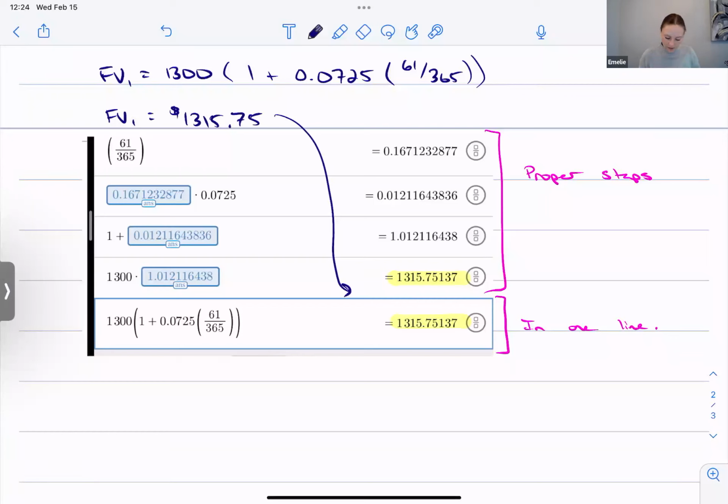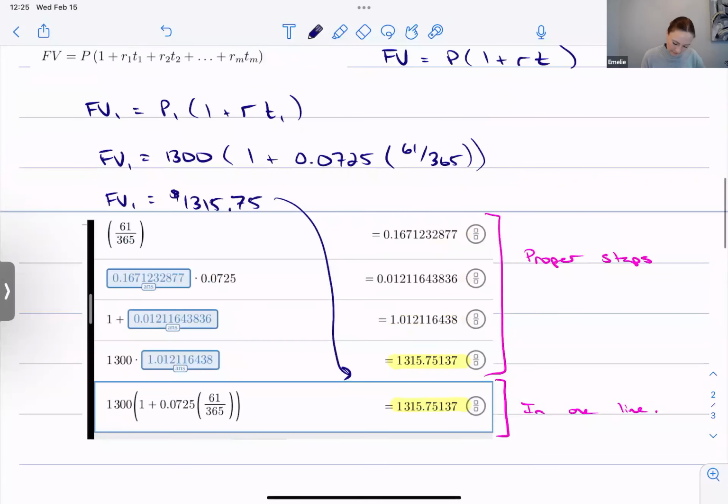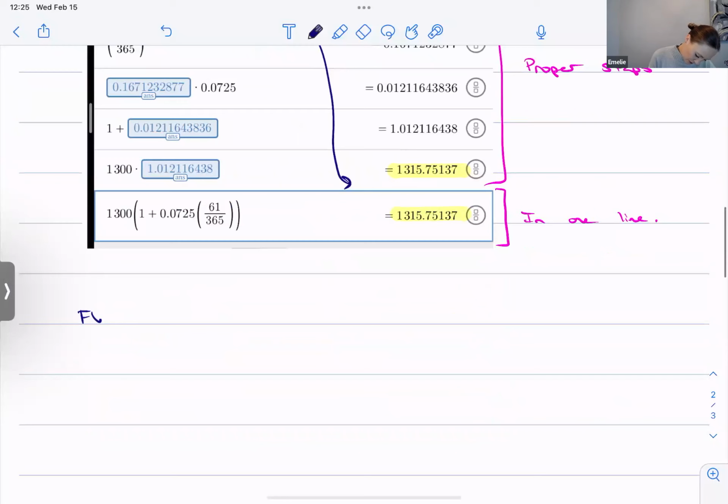So let's see here. Future value 2. Future value 2 is the principal amount for loan number 2, which was, I can't remember, 0.0725 times, oops, sorry. I forgot. I was writing out just the general equation.